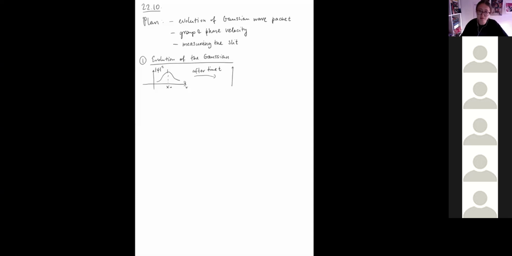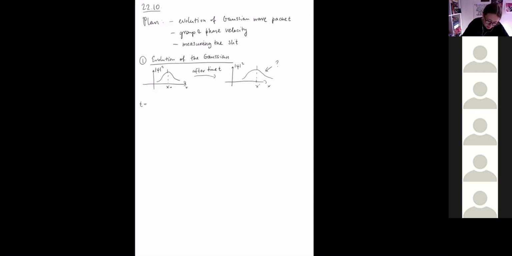It will probably become a bit wider, it will spread a bit, but it will still stay a Gaussian wave packet. It's going to be peaked around some x prime. And the idea of this exercise is that we need to find what exactly is the shape of this Gaussian, what is its spread, and what are the expectation values of the position and momentum.